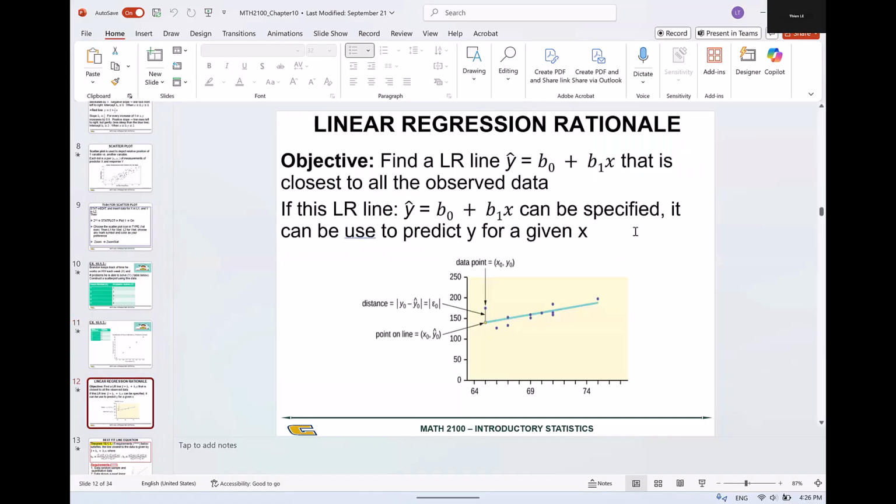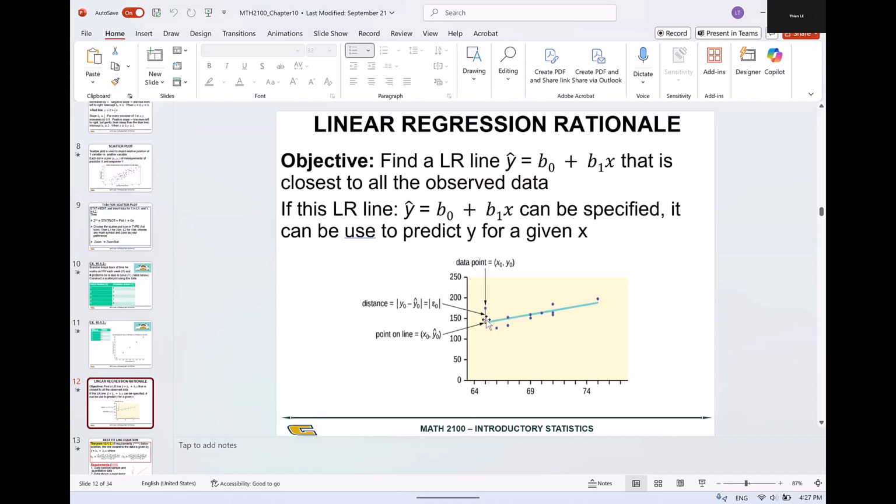So here we talk a little bit about the linear regression rationale, just to show you the rationale behind it. Say you get a line, y hat equals b0 plus b1 x. For each given x0, you can always find a y0 hat by plugging into this equation, so that y0 hat belongs to the line.